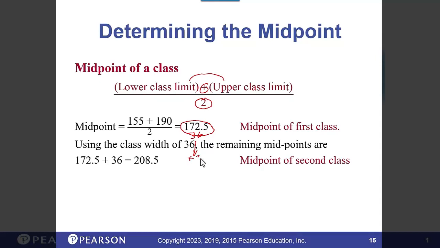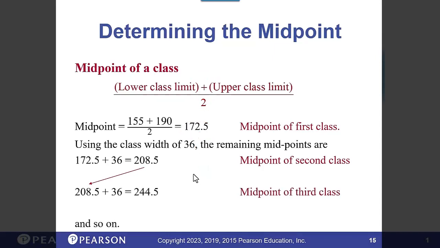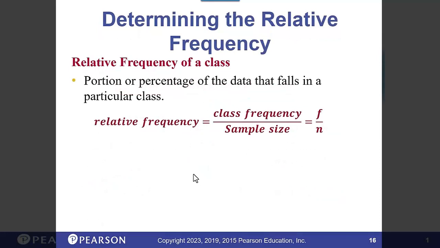Add 36 to that one, and you'll have the midpoint of the next class. Yes, it is easy. All these are really easy, but there are a lot of them. So take good notes. And so on. Next, relative frequency.